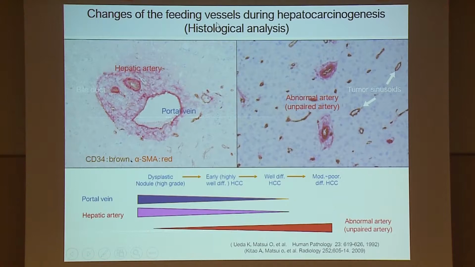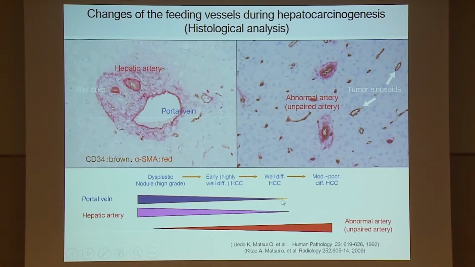Our histological analysis shows that there are three types of feeding vessels in these hepatocellular nodules. One is the hepatic artery, and the second is the portal vein, both included in the normal portal tract. And the other is abnormal artery or unpaired artery, not accompanied by bile duct, probably induced by the neoplasm.